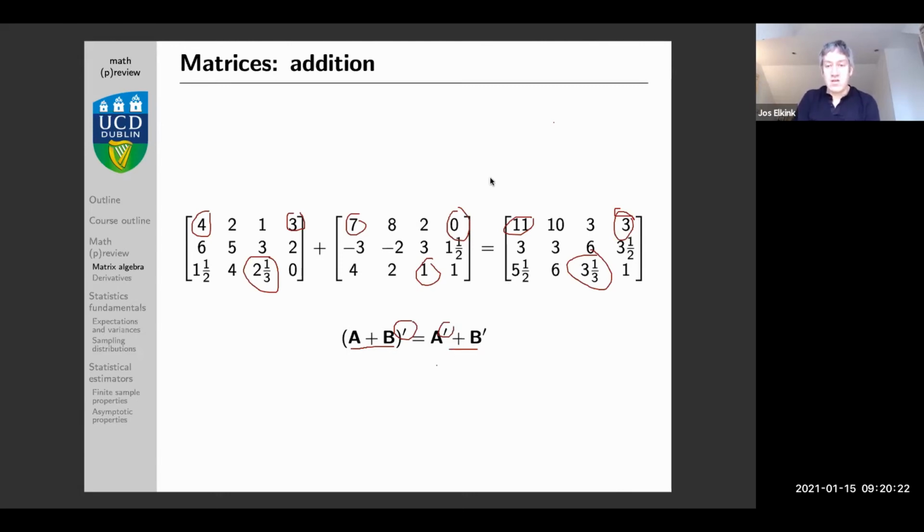You can imagine whether we take this sum and then take the transpose of this last matrix, or we transpose this and then transpose this and add it up together, you end up with the same matrix. You can try this for yourself on paper. So the transpose of the sum is the same as the sum of the transpose. And that is another helpful rule to remember when dealing with matrices.